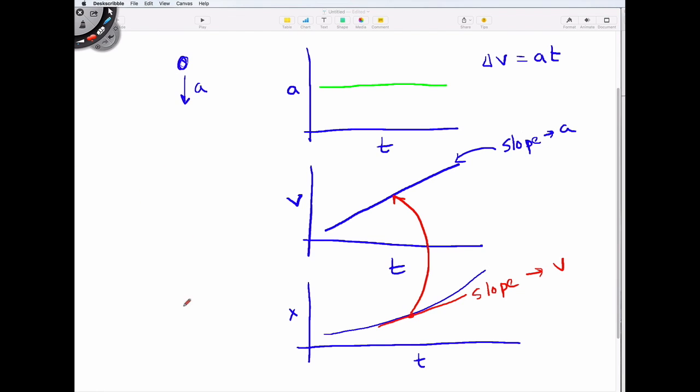And we can represent all of those things with mathematical derivatives. So we usually say that, given our position, the time derivative of the position is equal to velocity, and the time derivative of the velocity is equal to the acceleration.